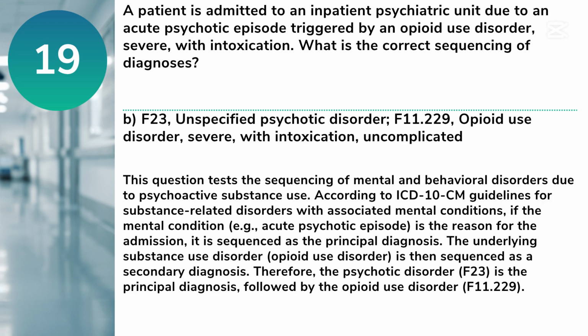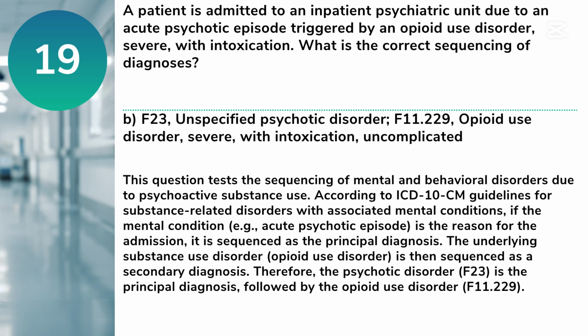Answer: B. F23, unspecified psychotic disorder, F11.229, opioid use disorder, severe, with intoxication, uncomplicated. This question tests the sequencing of mental and behavioral disorders due to psychoactive substance use.